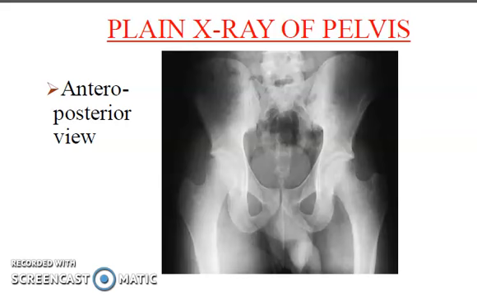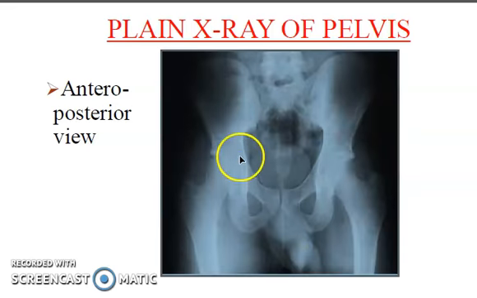and bilateral. The systematic review of this plain radiograph of the pelvis is, first look for the 3 rings. The first, trace the main pelvic ring. This is the main pelvic ring, and there are the 2 small rings which are called the obturator foramen.